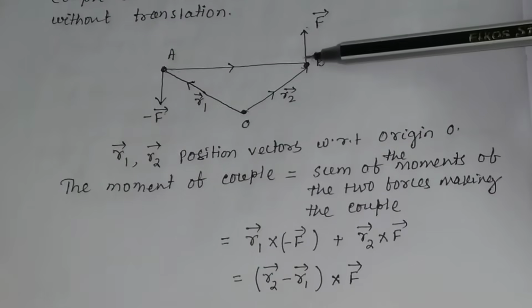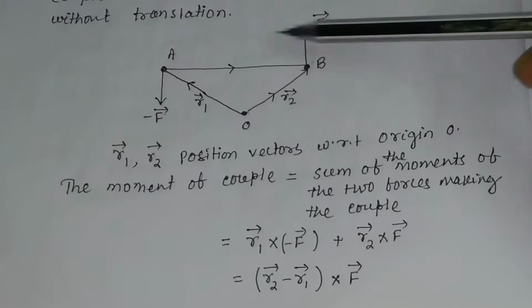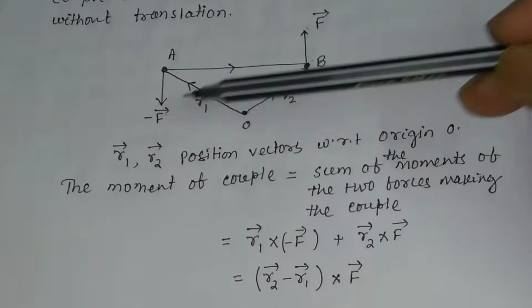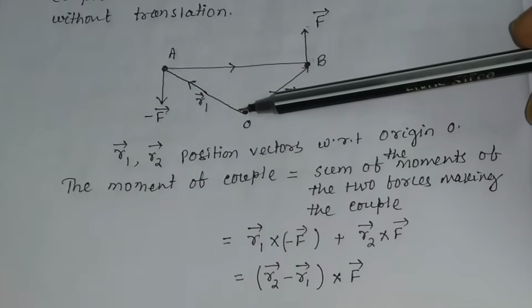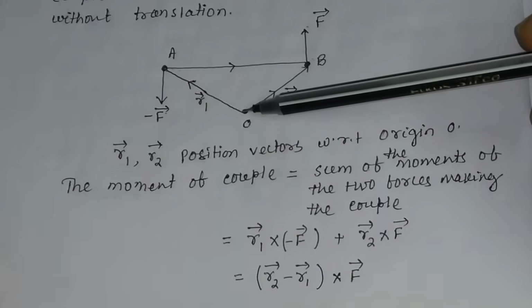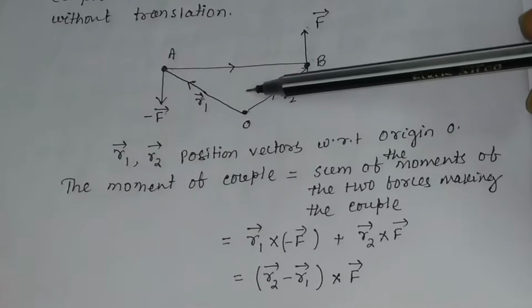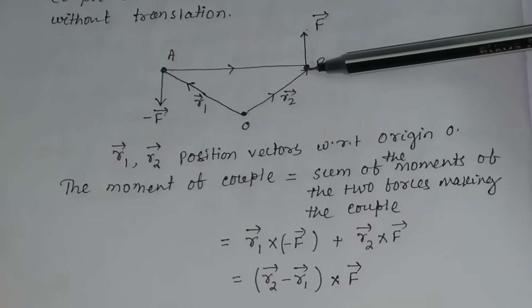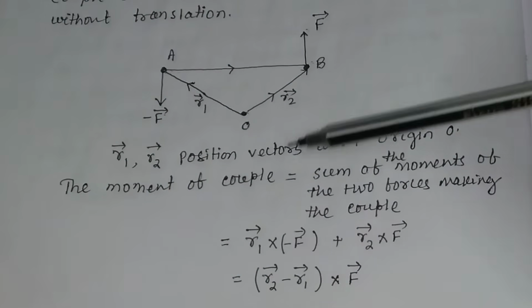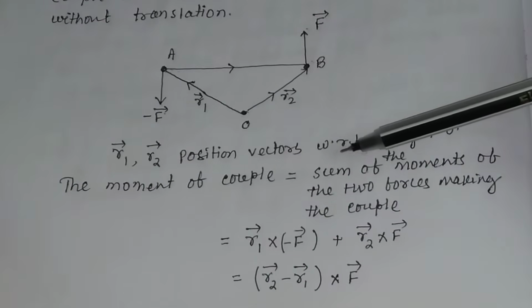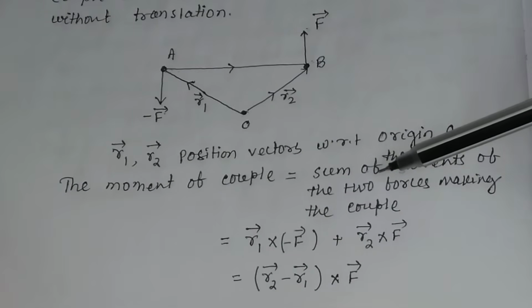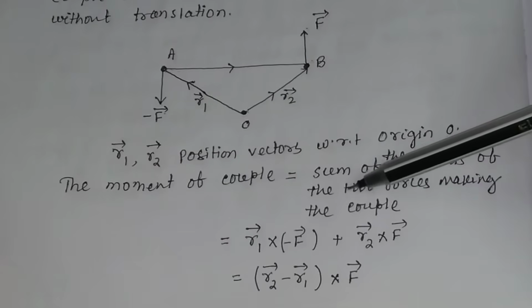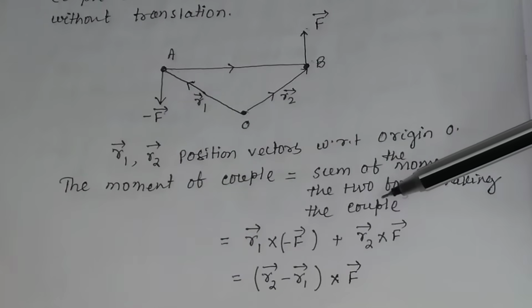Suppose there are two equal and opposite forces. One is F, another one is minus F, and this is the origin of your measurement. R1 and R2 are the position vectors of the two forces. Then the moment of the couple will be equal to the sum of the moments of the two forces making the couple.